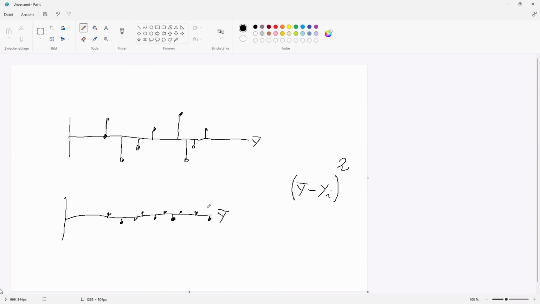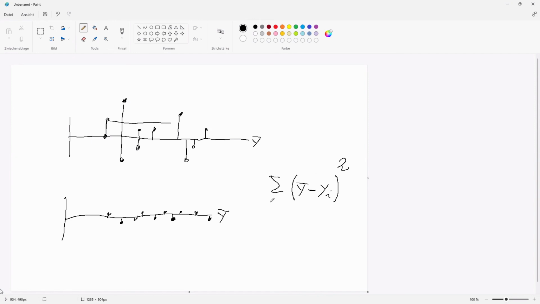And then we calculate the mean over these differences.